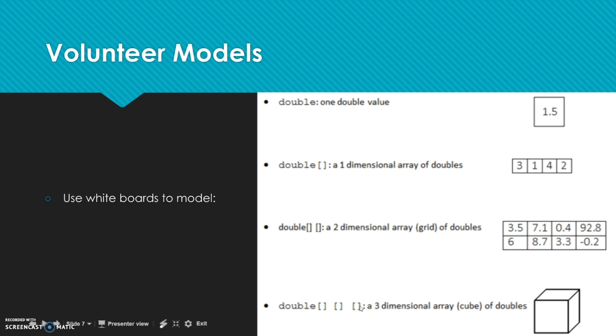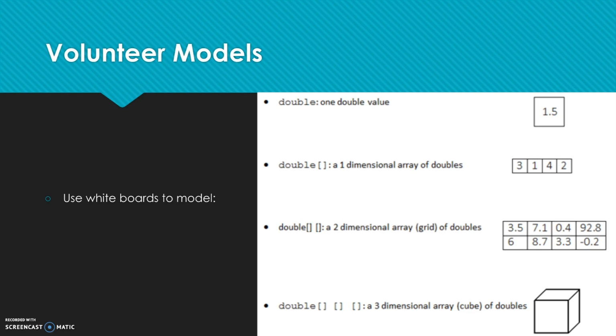You can have a 3-dimensional array, which here is represented by a cube. A lot of times in 3 dimensions we use height, width, and length. A dimension of a size, we can use X, Y, and Z for coordinates.